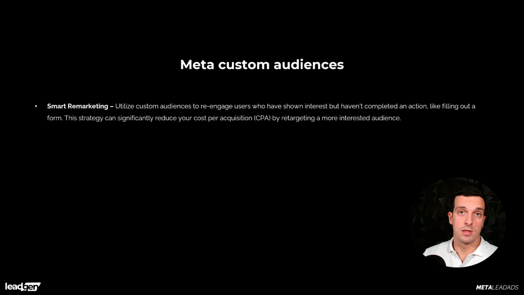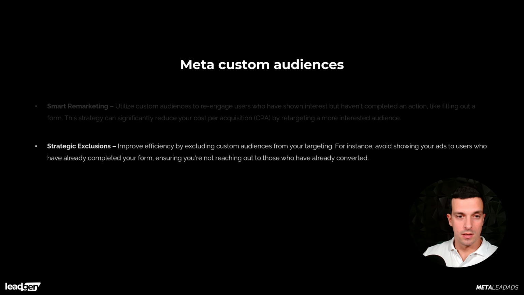So we're going to set up the remarketing audiences right now, and in further lessons, I'm going to teach you how to utilize these audiences. But right now we need more to exclude the leads so we don't show the ads to the ones who already filled out the form.